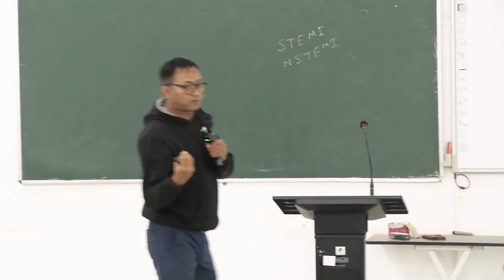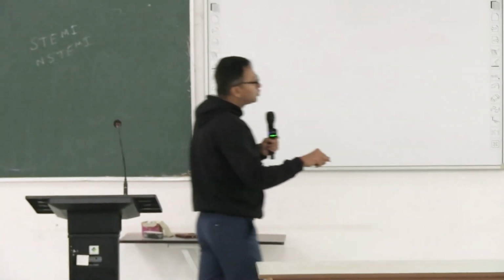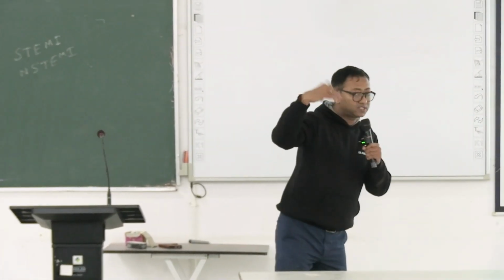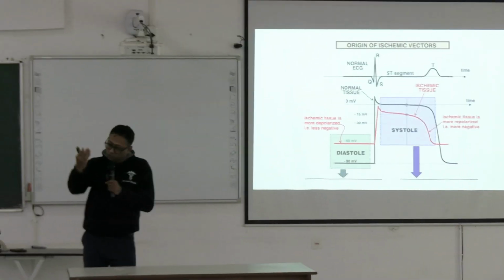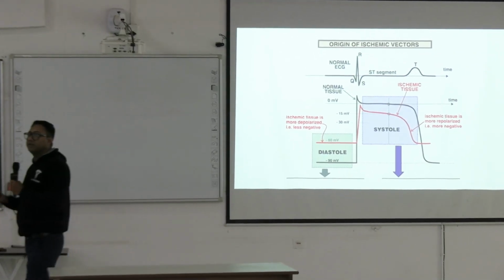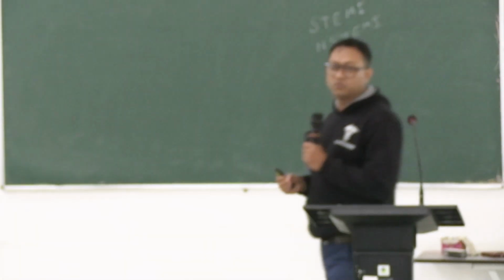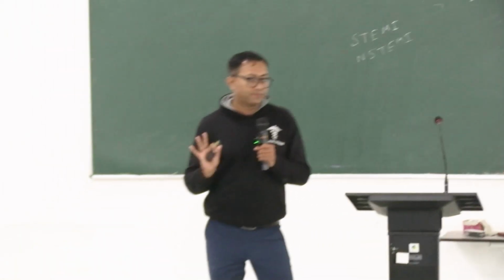Ischemic tissue during diastole is more depolarized, minus 60, which is more positive than minus 90. So from ischemic tissue to normal tissue, an electrical vector will travel.